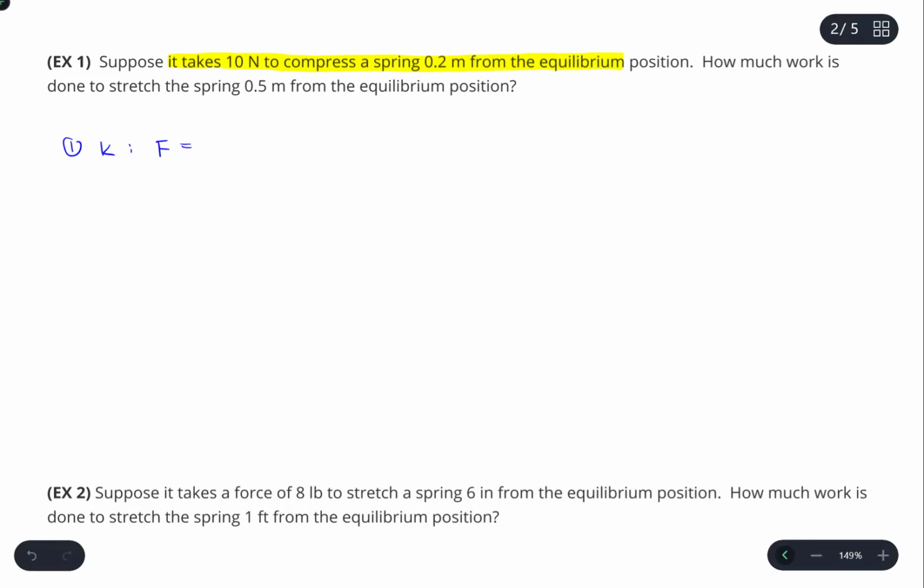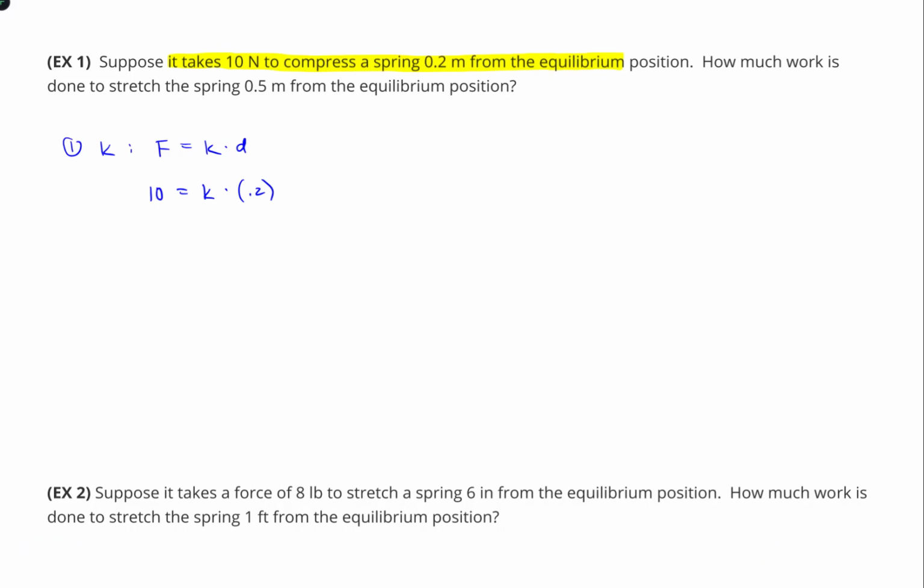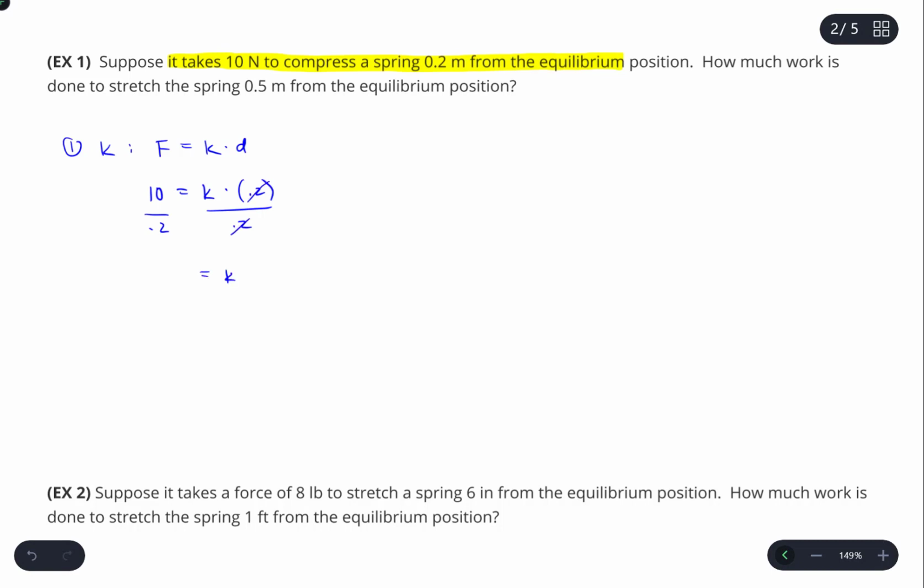So we use force equals k times the distance. For this one point in time, the force is 10 newtons to move the spring 0.2 meters. If I divide both sides by 0.2, the spring constant here is 50.